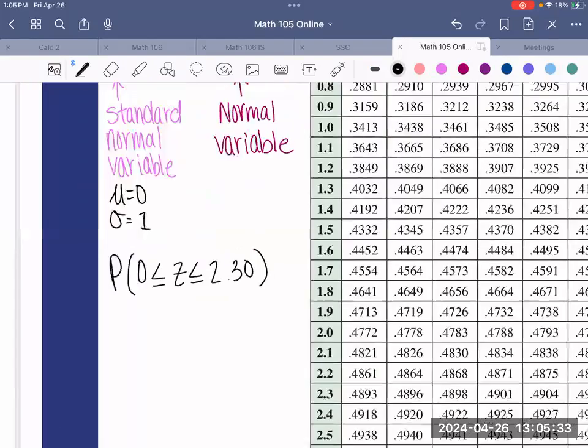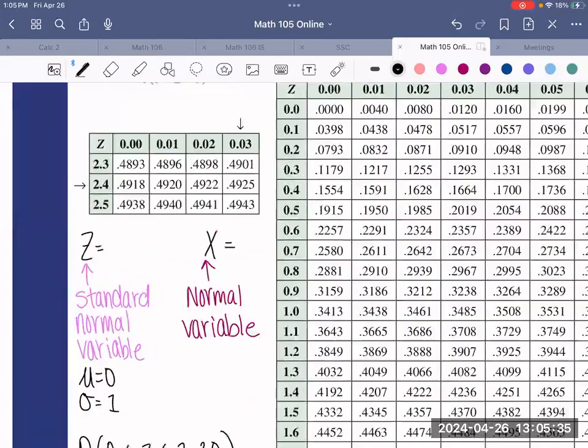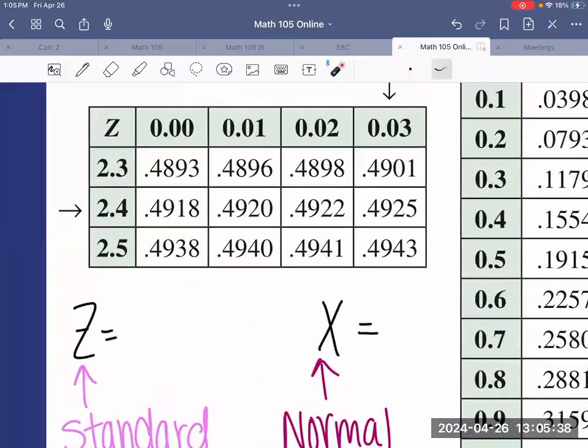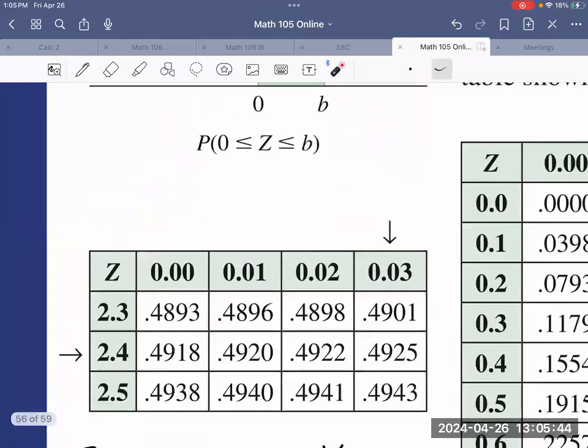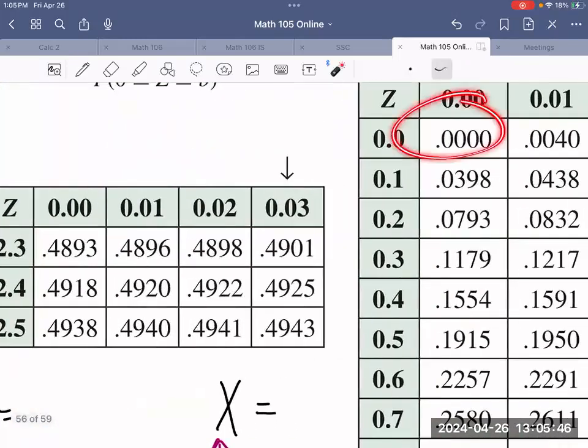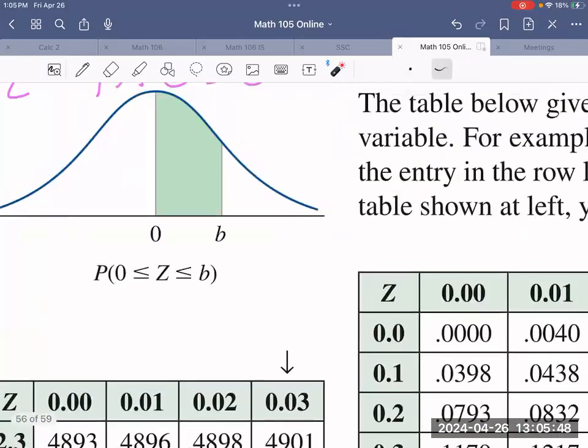So it's an easier transition. As long as we know that they're always going to be starting at 0, we can ignore this 0 value. The probability of 0, as you see right here, is 0. So instead, we're going to go up to our value, ours being 2.30.